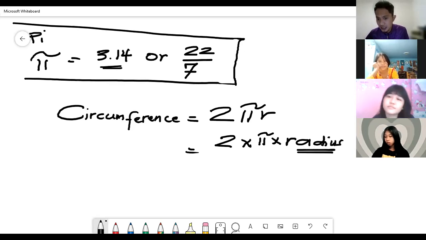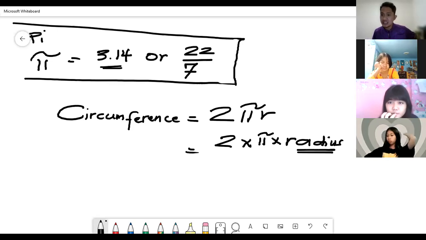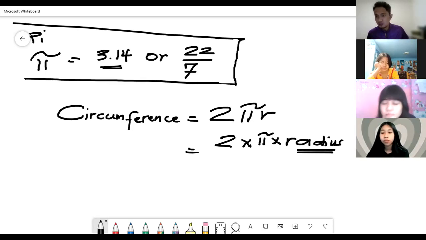The radius here is very important to locate, to know where the radius is, right? How many centimeters is the radius? How many inches? How many feet? How many meters? So we need to know where the radius is located.